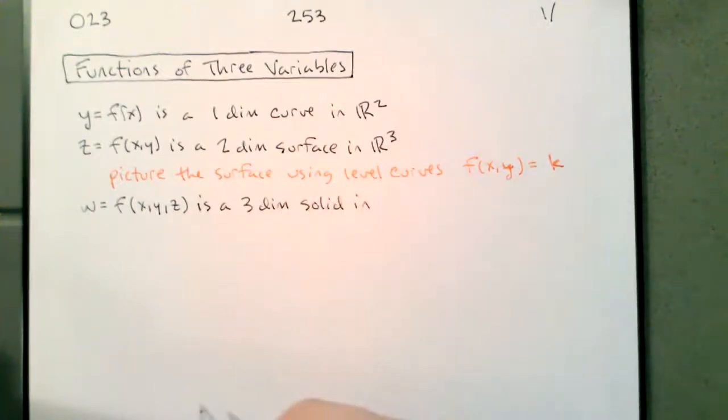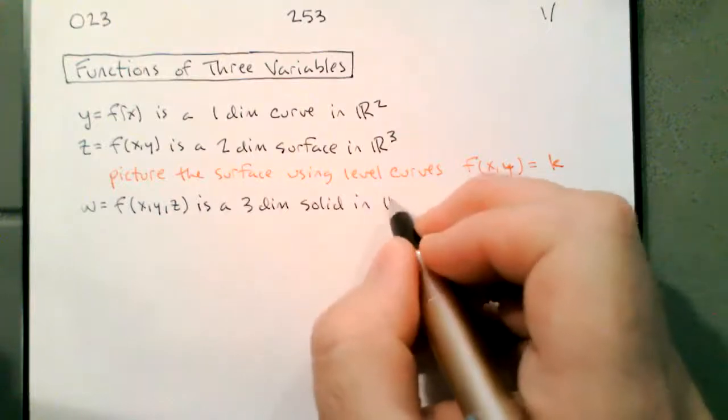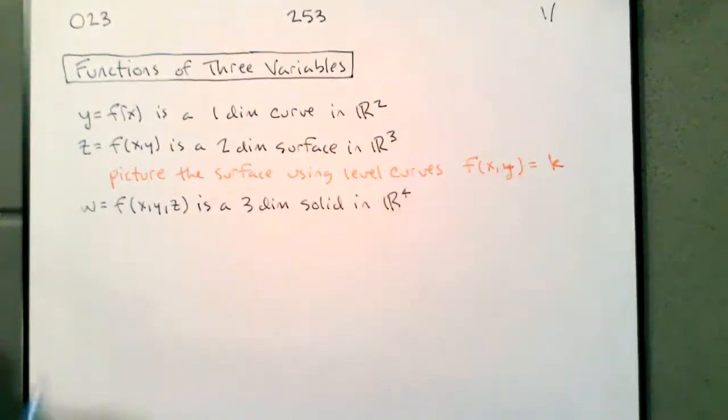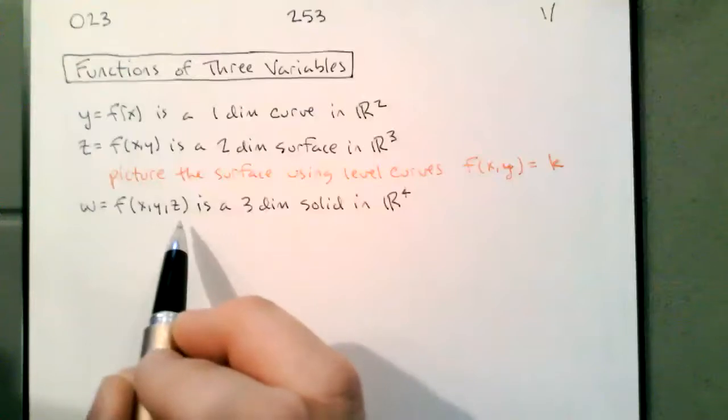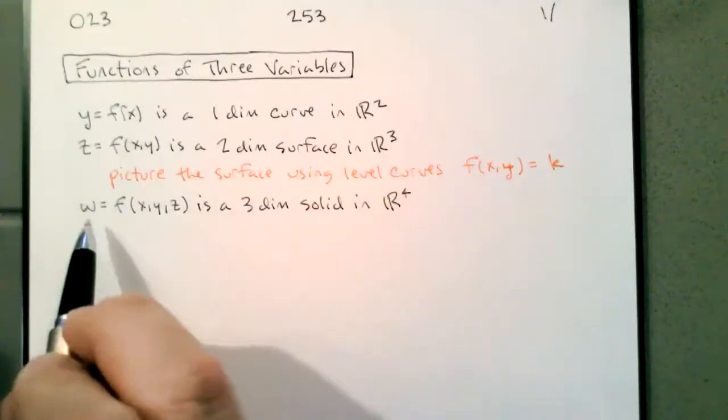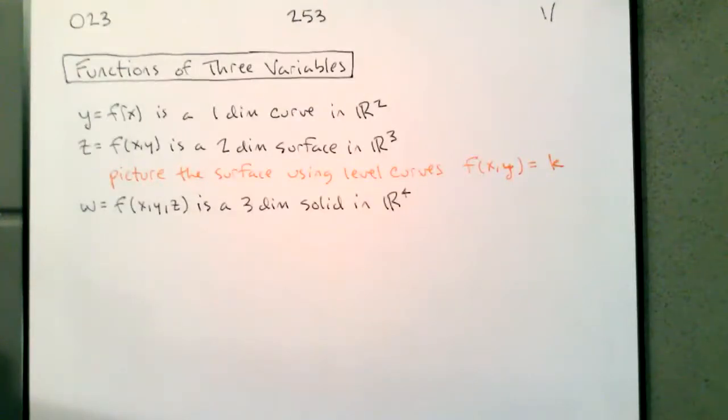And this will be in R4, in 4-dimensional space, because we have 4 variables, w, x, y, and z. What we're doing is taking each point x, y, and z, and w is the height above that point.